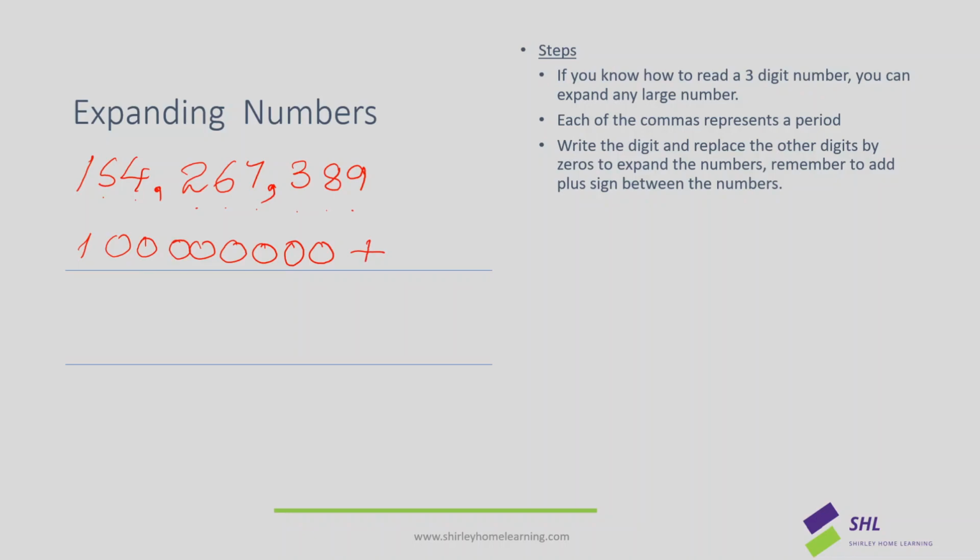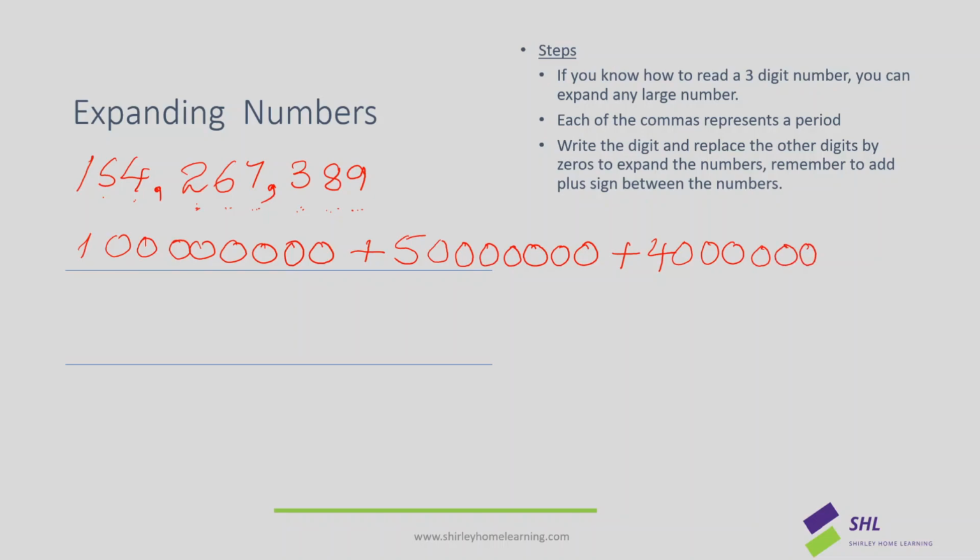Then the second digit is 5. And then I have got 1, 2, 3, 4, 5, 6, 7, so I'm going to put 7 zeros. I'm going to put a plus. I've got 4, and then I have got 1, 2, 3, 4, 5, 6 zeros.